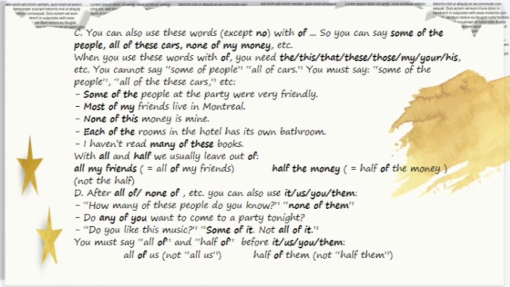C. You can also use these words, except no, with of. So you can say some of the people, all of these cars, none of my money, and etc. When you use these words with of, you need to add the, this, that, these, those, my, your, his, and etc. You cannot say some of people, all of cars, but you must say some of the people and all of these cars.